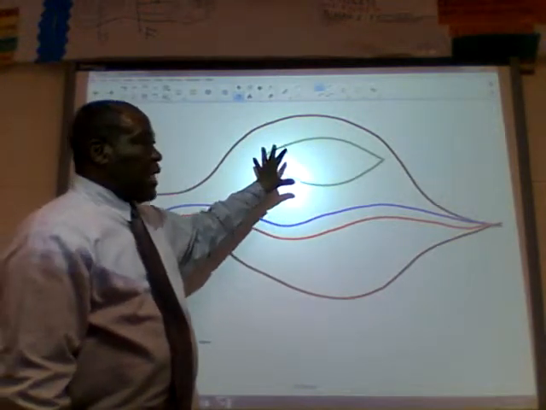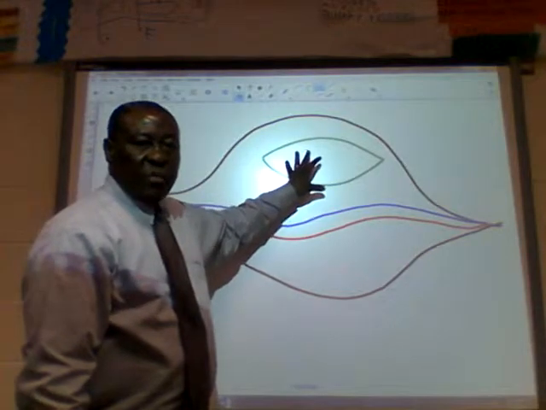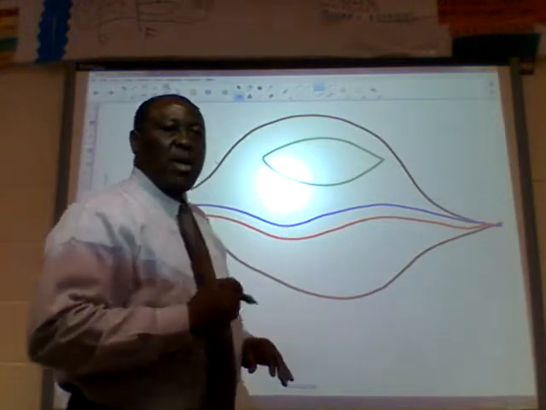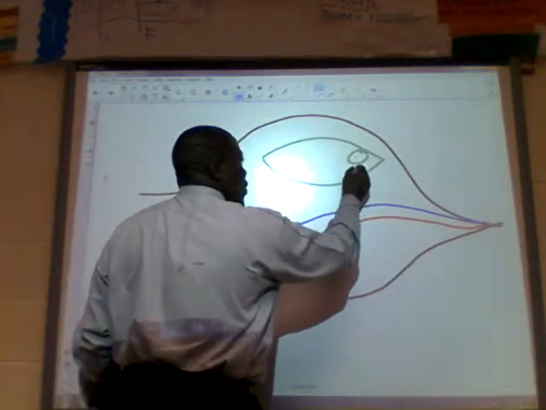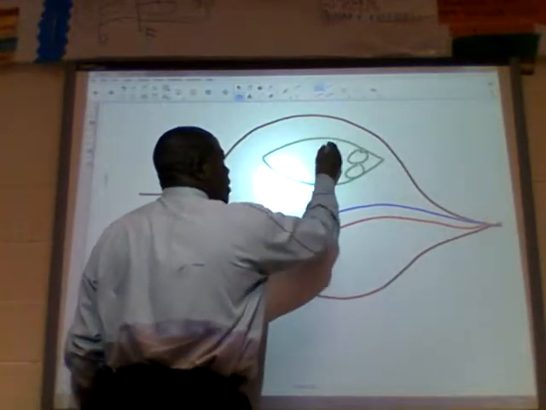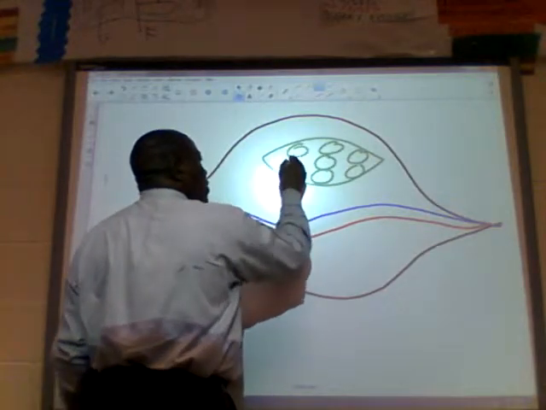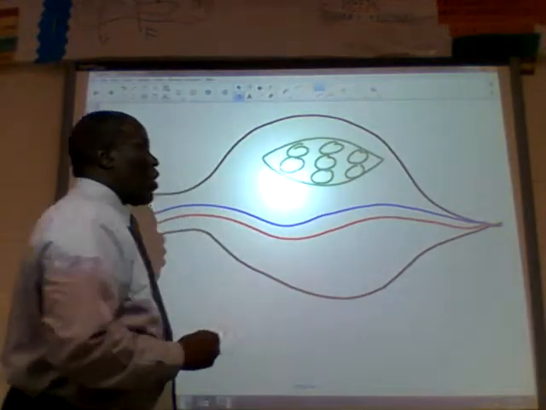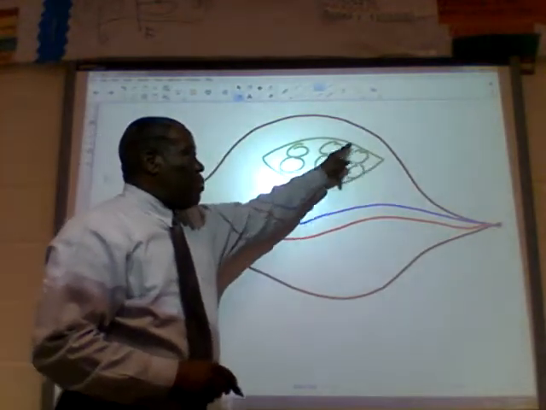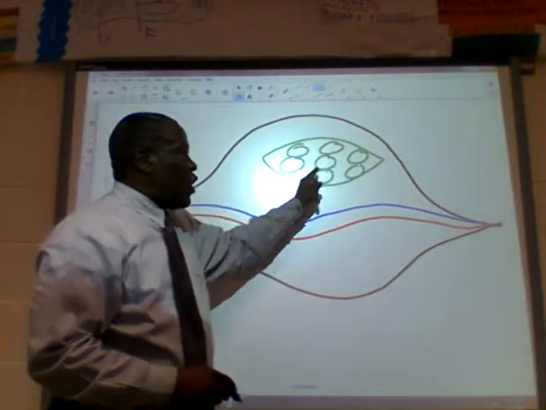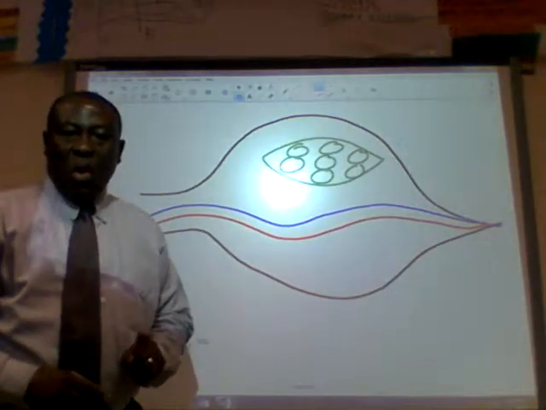So that's the diagram I want you to draw in this plant. Now with the same colored pencil, I want you to put circles inside. So you have one, another circle, another circle, another circle, another circle. So you have circles inside this oblong shape. But that's not all.